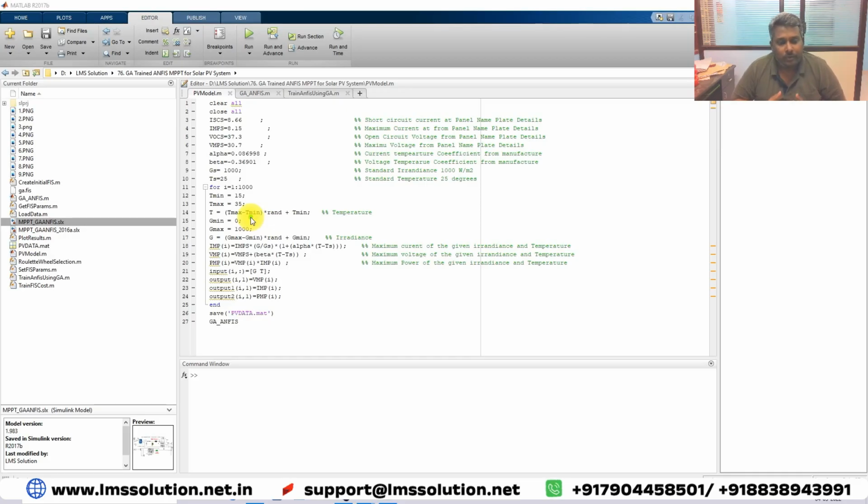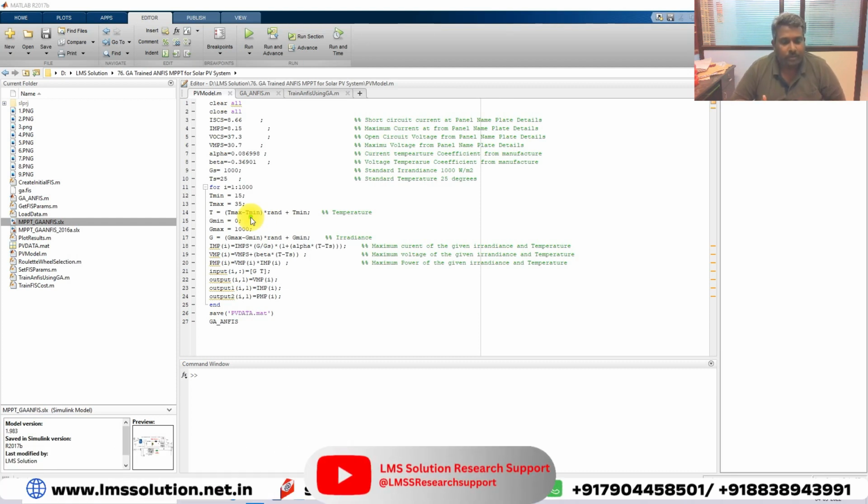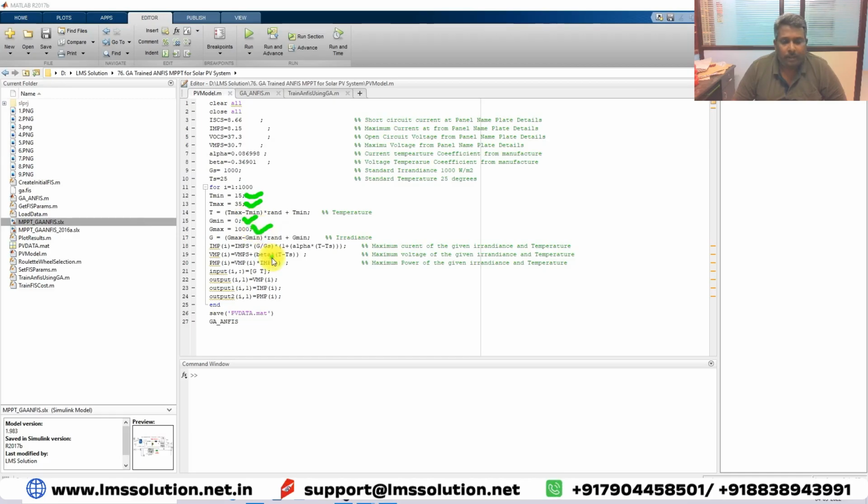Here we are going to collect the input data. That means we are going to collect the temperature and the irradiation. Based upon the temperature and irradiation data, we have to get the different parameters. Here you can see that we are generating a random temperature, and here we are generating a random irradiation based upon temperature minimum and temperature maximum, and then irradiation minimum and irradiation maximum.